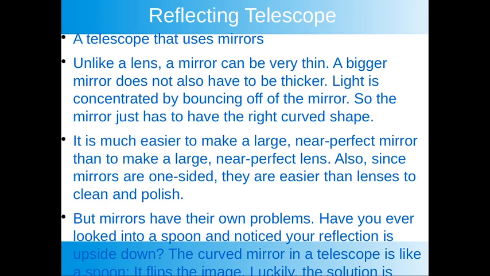But there are certain problems for mirrors too. We have already given the example of a spoon's reflection. We can see that it is inverted, or upside down. The curved mirror in a telescope is like a spoon, it flips the image. How can we solve this problem?